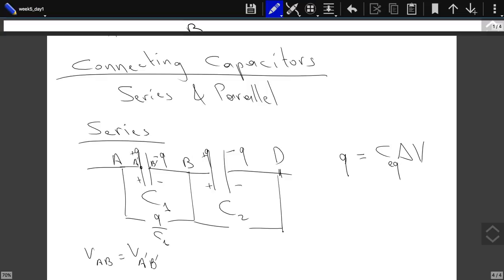Because the potential difference between these 2 points is the same as the potential difference between the plates of this capacitor, because these 2 points and these 2 points are on the same conductor. So there is no potential difference between this point and this point, and there is no potential difference between this point and this point. And we know the potential difference between these 2 points, which is Q over C2, so that should be the potential difference between B and D.